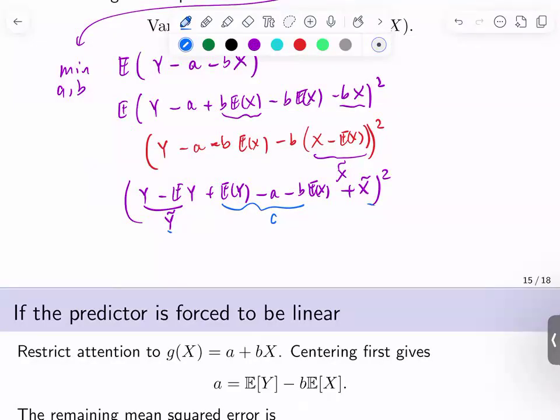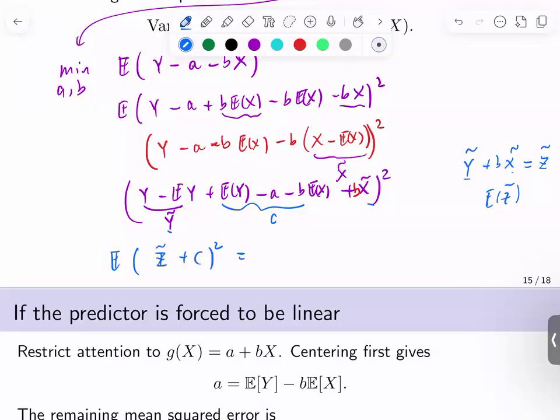Okay, there should be a b here. So imagine calling y tilde plus bx tilde some z tilde, right? So this is still zero mean because these are zero mean. And for any b, by linearity, the expectation of z would be zero. So this is really z tilde plus c squared.